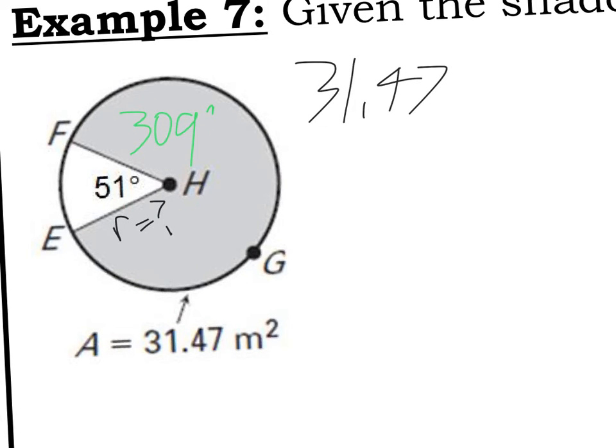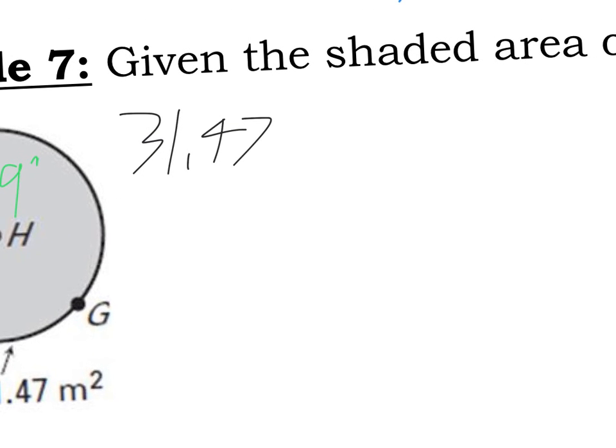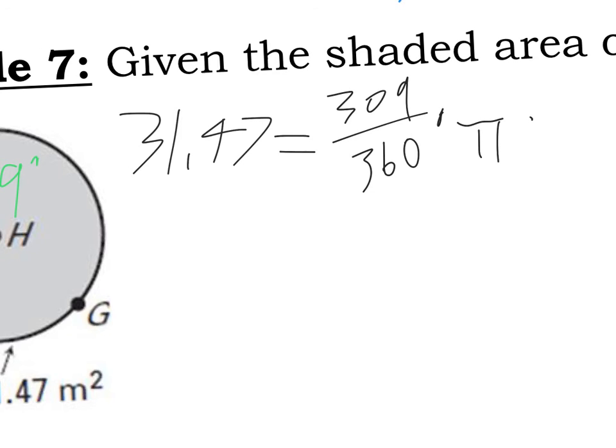That's what I'm looking for. So it's going to equal 309 over 360 times pi, and you don't know what r squared is, so pi r squared.